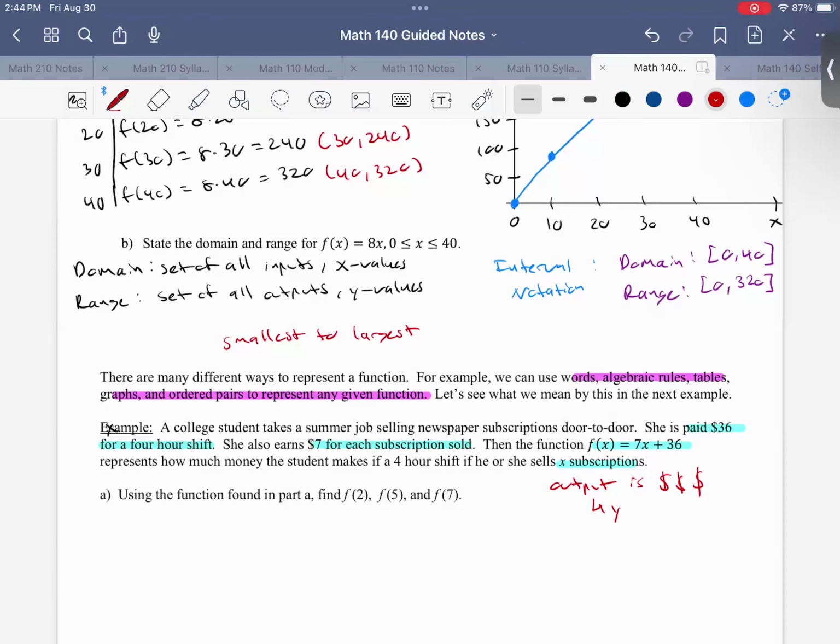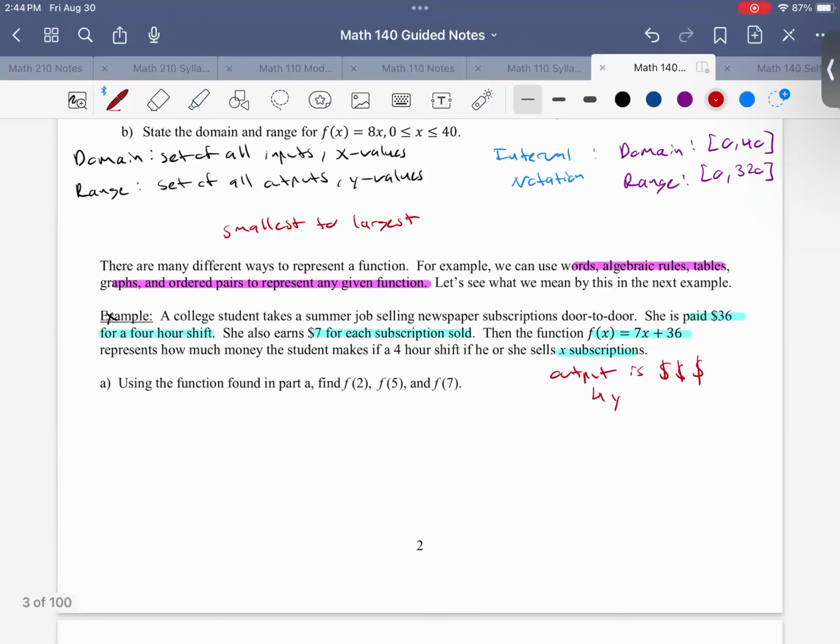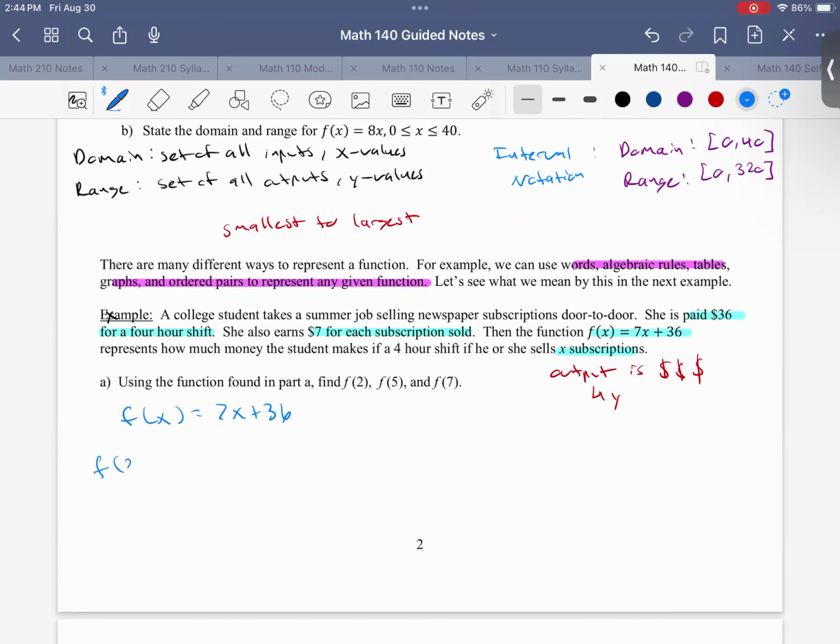Okay, so using the information found in part A, we want to evaluate at 2, 5, and 7. So let's go ahead and check that out. Remember f of x equals 7x plus 36. We want to evaluate at 2. So this would be 7 times 2 plus 36, 14 plus 36, and that's just 50.